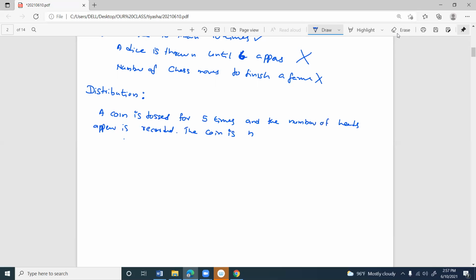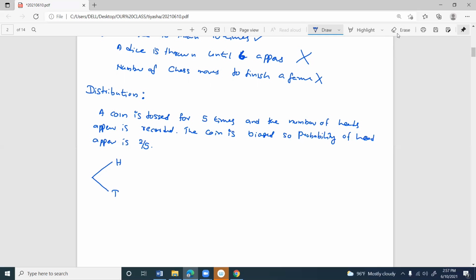They mention the coin is biased, so the probability of head appearing is 2/5. In this case there are two options, head or tail.